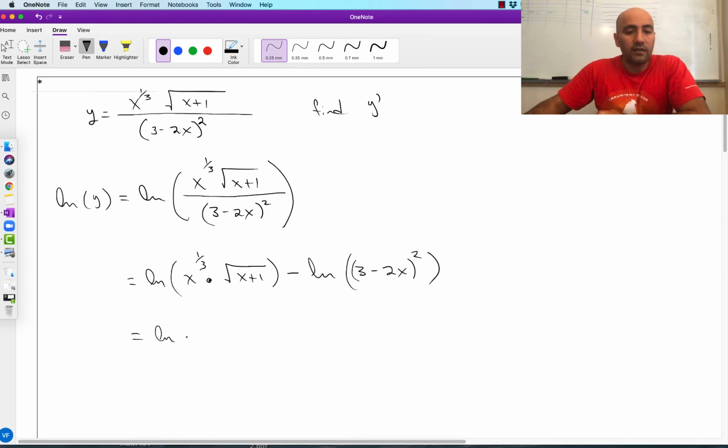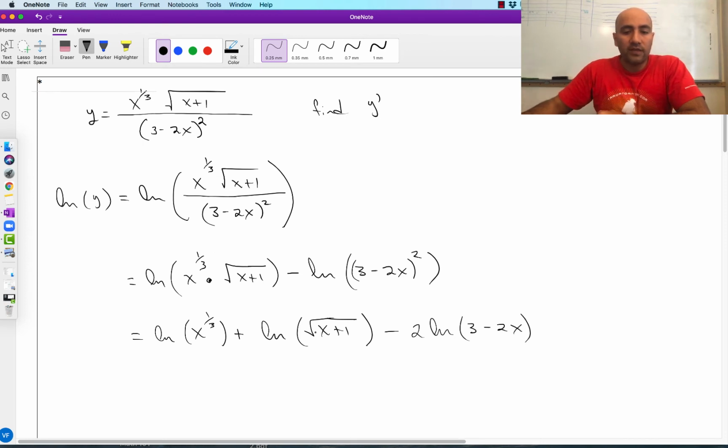So this would be ln of x to the 1/3 power plus ln of the square root of x plus 1, minus, and if we have an exponent inside the argument of the log, we can bring that exponent out in front. This becomes 2 ln of 3 minus 2x.